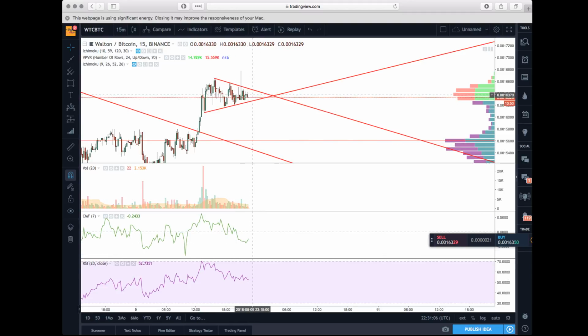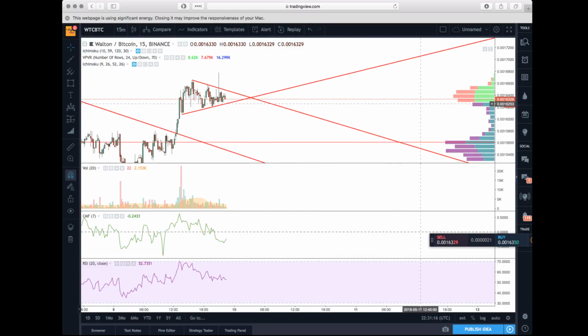So if you can get price action to break out of this, but not just a wick like this, you want to see it actually break and hold, and maybe climb that, or just go for a run afterwards. What we can see is there's a gap, so we are sitting right at support right now. If we break down from there, we're probably going to fall right back to this area.